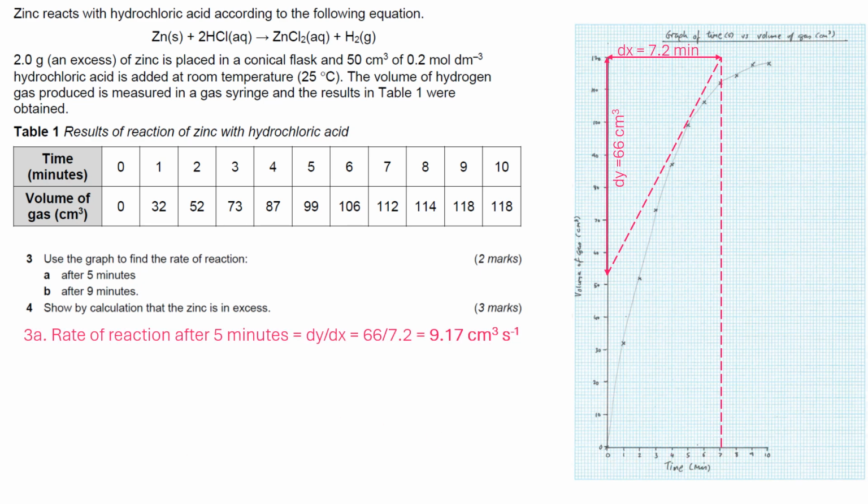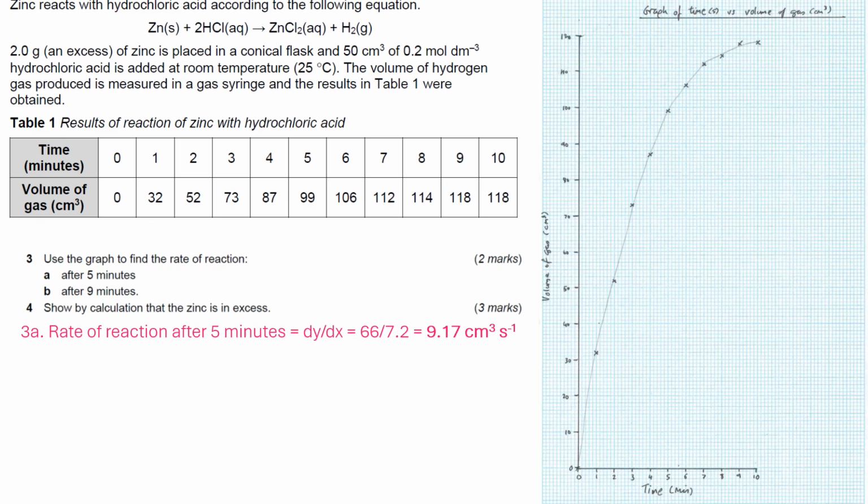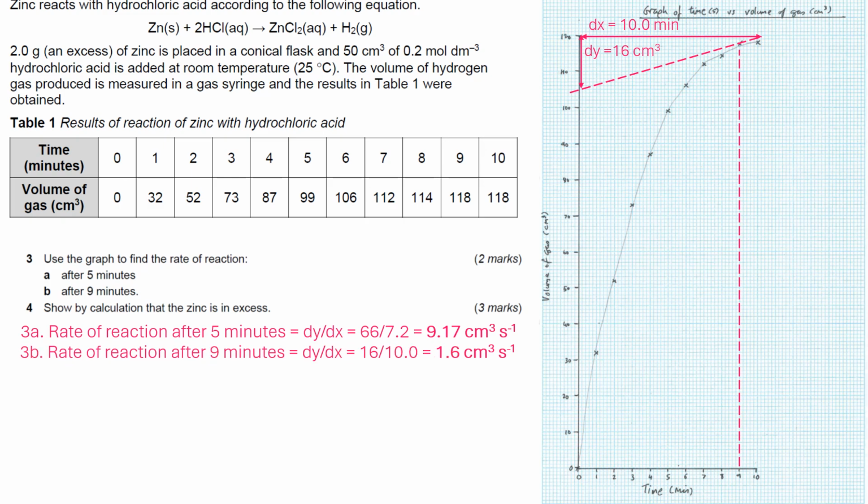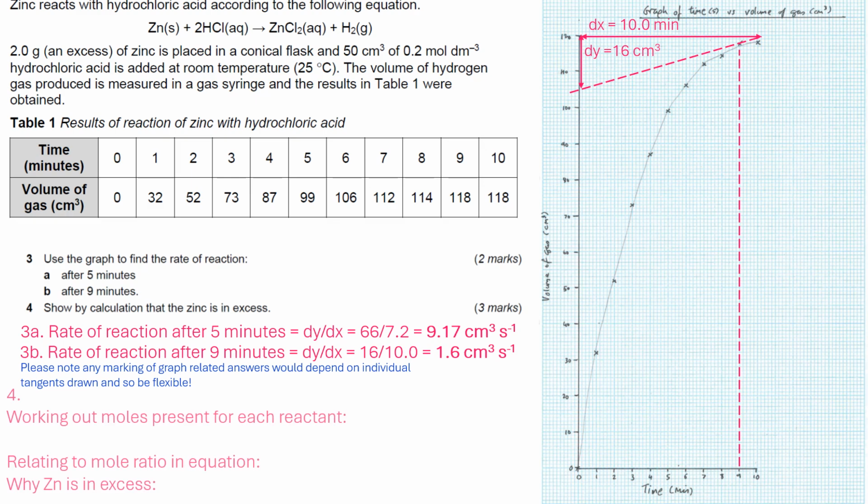That gives me roughly 9.17 centimeters cubed per second. To work it out after 9 minutes, you do something similar, except my tangent is at 9 minutes. And that gives me 1.6 centimeters cubed per second to the -1. Any marking of graph-related answers would depend on individual tangents drawn and therefore be flexible.